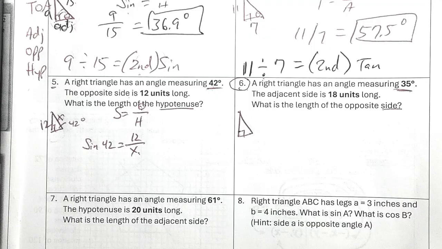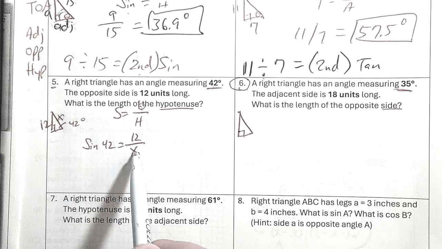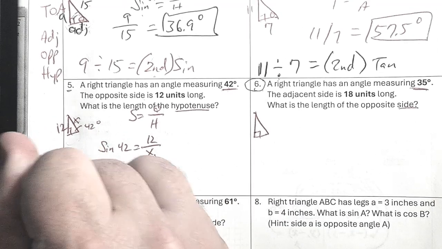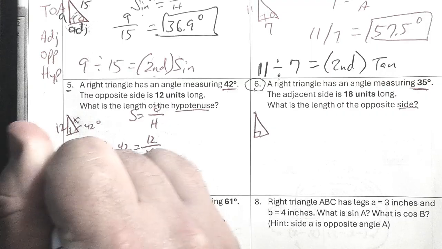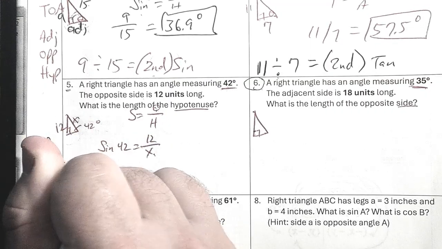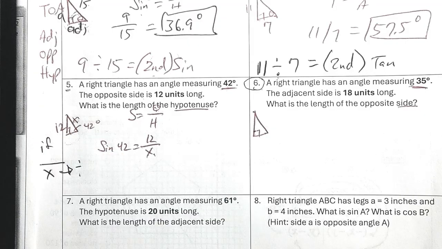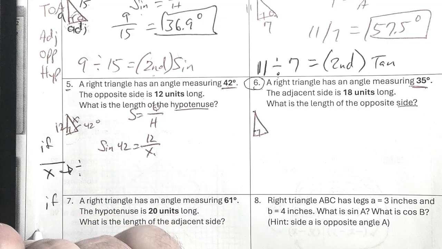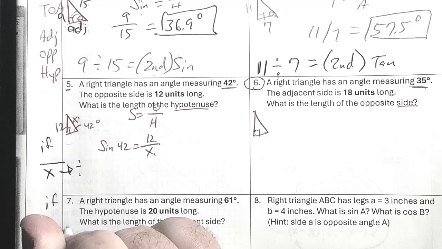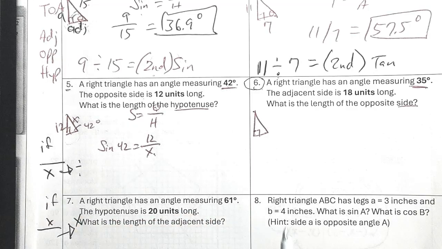So I'm going to show you how we are going to rearrange this to get x. But let me tell you, side note: if x is on the bottom, you're going to divide. If x is on the top of your fraction, you're going to multiply.